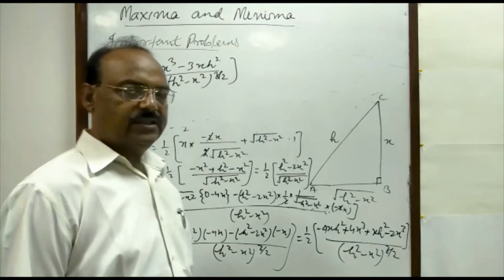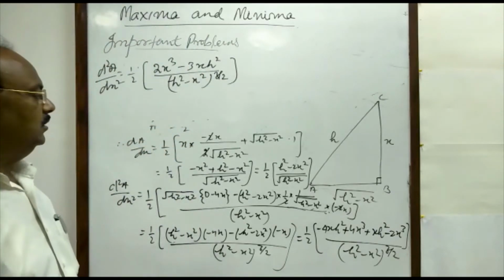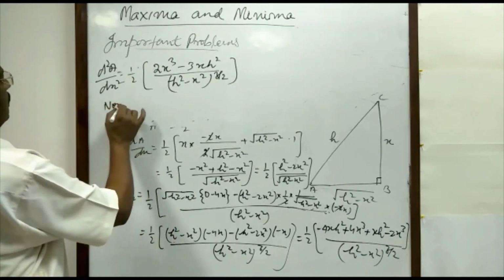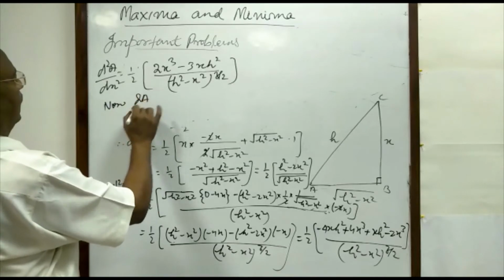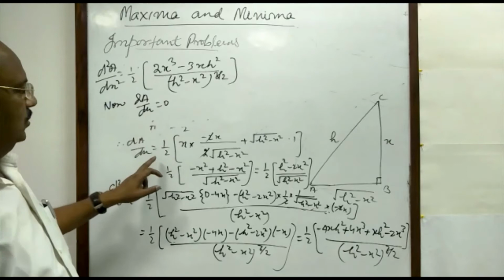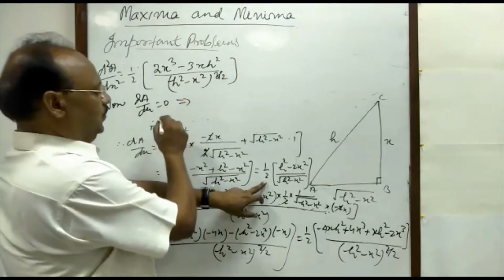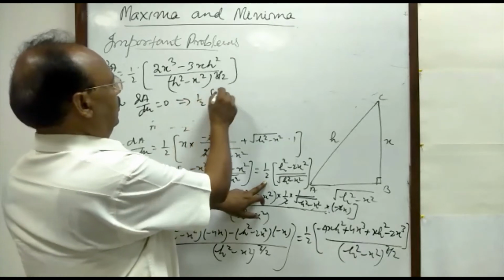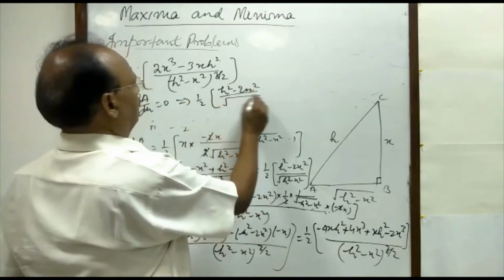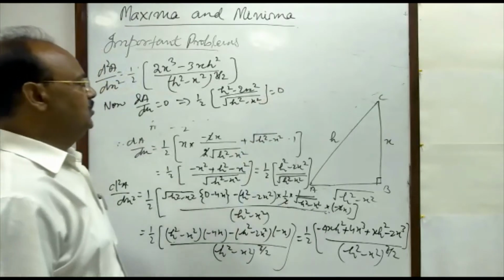Now what should be the next step? Now we have to find out the point of minimum or point of maximum. So now let us put dA by dx equal to 0. This implies half of h square minus 2x square upon root over h square minus x square is equal to 0.